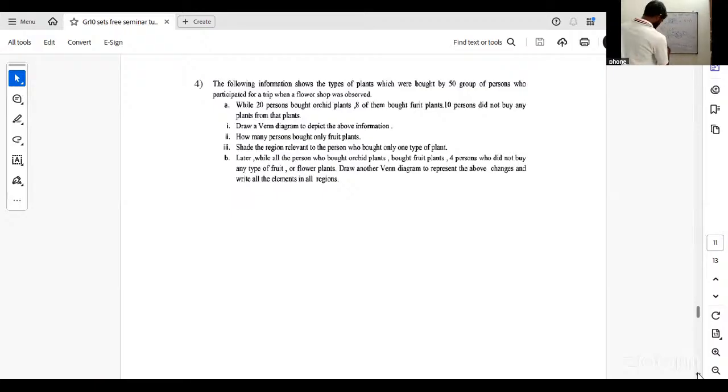We have 20 plus 8 minus x plus 10 equals 50. 20 plus 8 is 28, and 28 plus 10 is 38. 38 minus x is 50, then x equals minus 50 plus 38, minus 12. Wait, something is wrong.